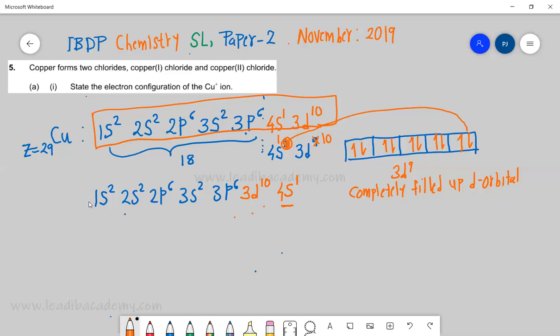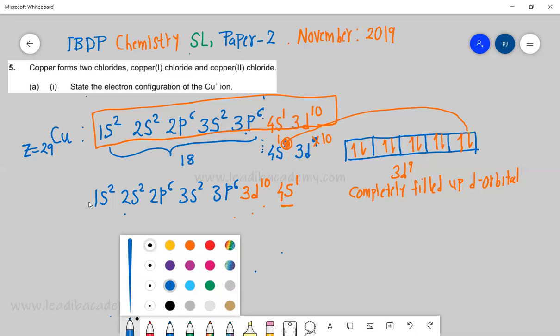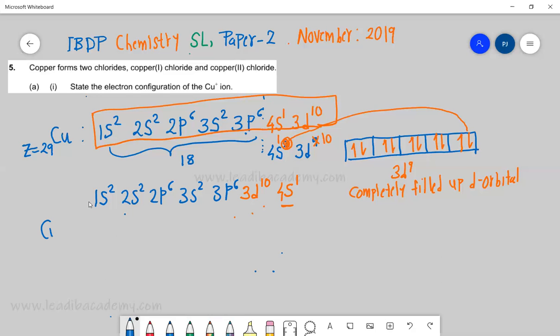Simple. Whenever we want to form Cu plus, we need to take out one electron to bring one positive charge on the copper ion, to be specific the cuprous ion or copper 1. So how to make it? Which is the outermost? This one, so it will be taken out.